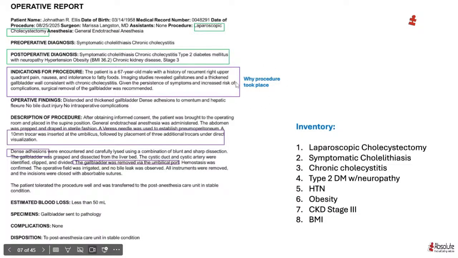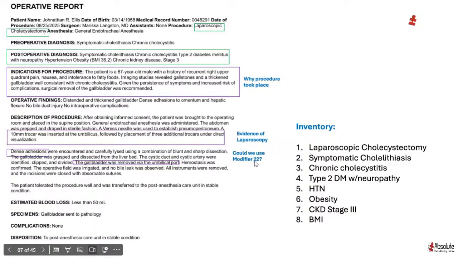So I just want to point out in this notable section, I boxed it because this confirms why the procedure took place. And it could house some more clues about the procedure. Also, this box here was evidence of a laparoscopy, and this box here confirms that this is a laparoscopy. Now, over here were the dense adhesions.